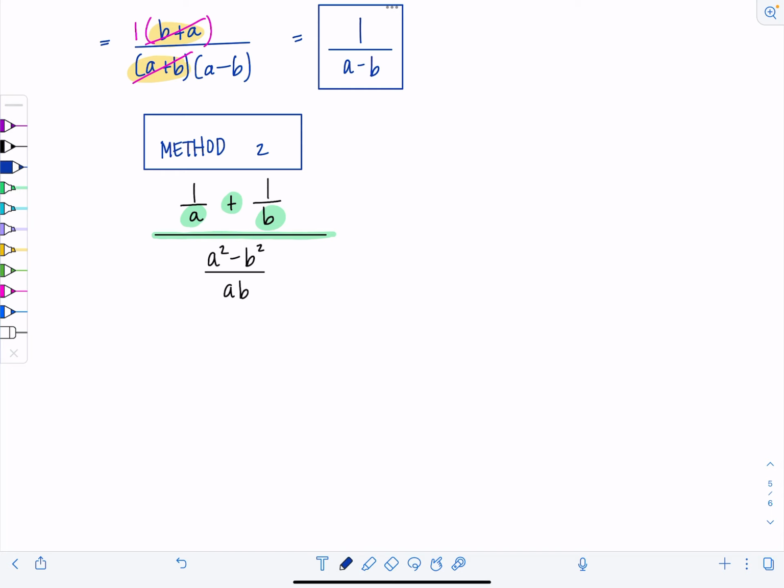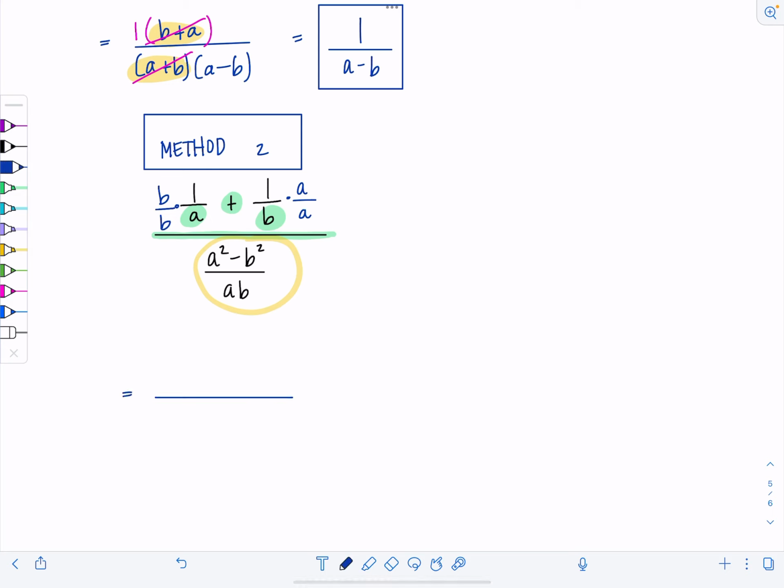So I'm going to multiply this first term here by b over b, and the second one by a over a. Very good. And then the denominator, I don't have to do anything with, because you see how it's already one fraction, it's one term. So in this method, you just leave that alone. It's happy, minding its own business over there.